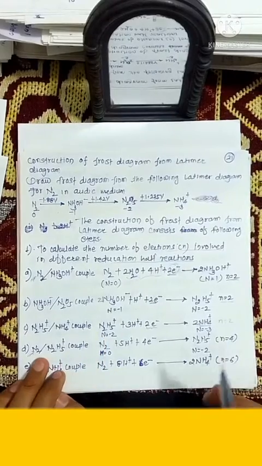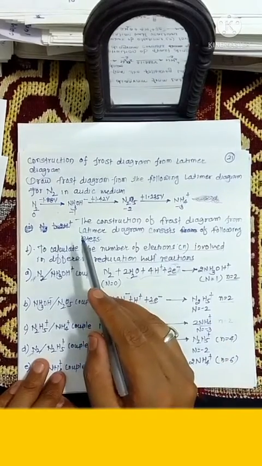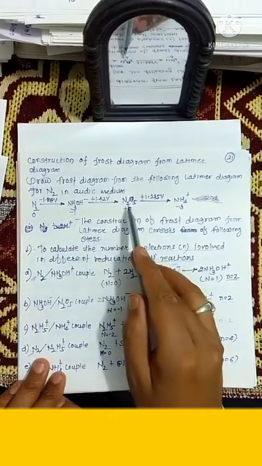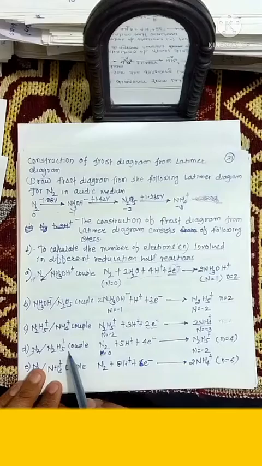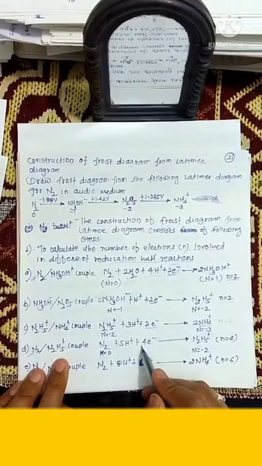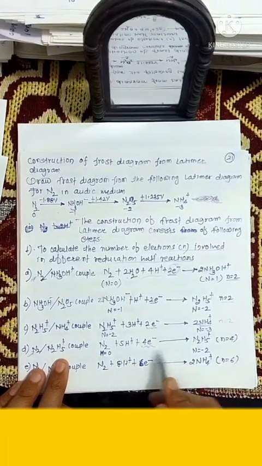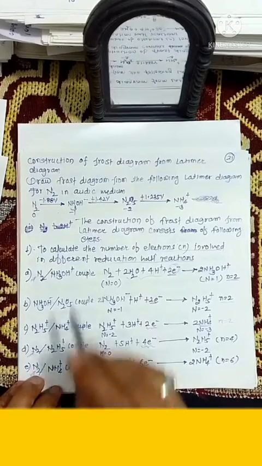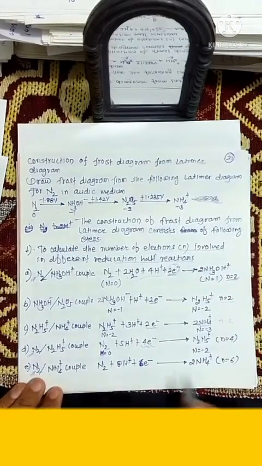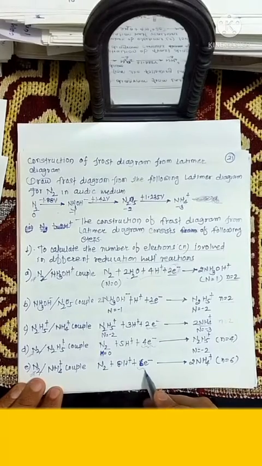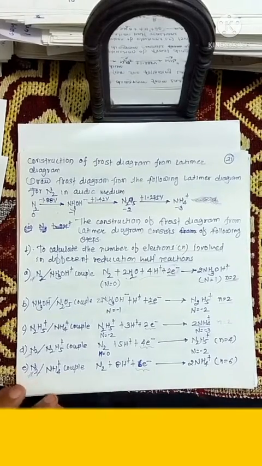Now we have to calculate the couple for N2 to N2H5 plus. For this couple a total of 4 electrons are used, and for the N2 to NH4 plus couple a total of 6 electrons are used.